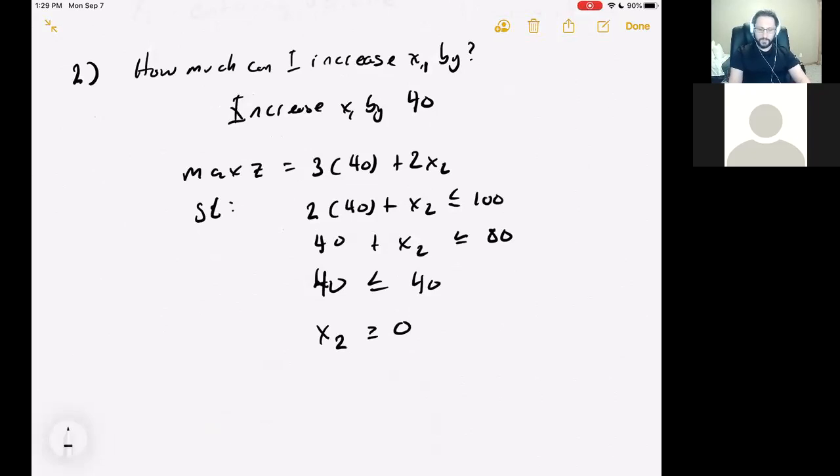Using all of these substitutions for x1 equals 40.